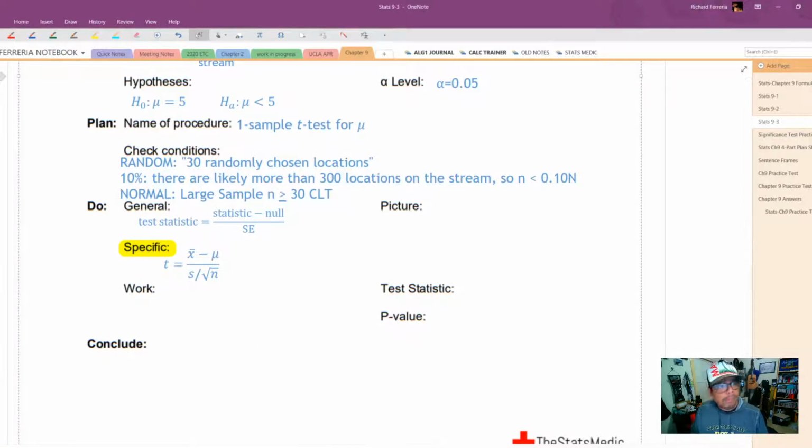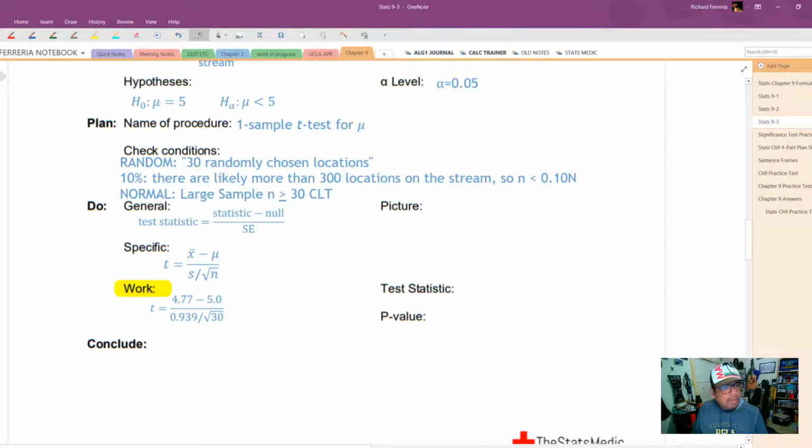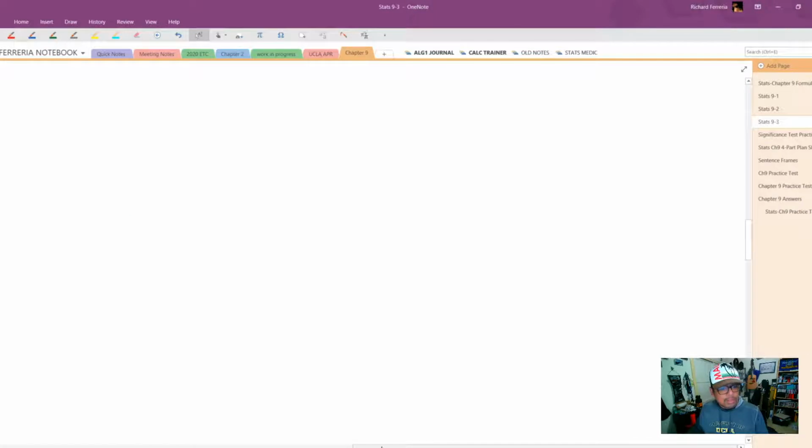For the work, just go ahead and substitute all of those numbers in there: 4.77 minus 5.0 over 0.939 over root 30. For our picture, I'm going to do this over on the side. Let's put our normal curve.